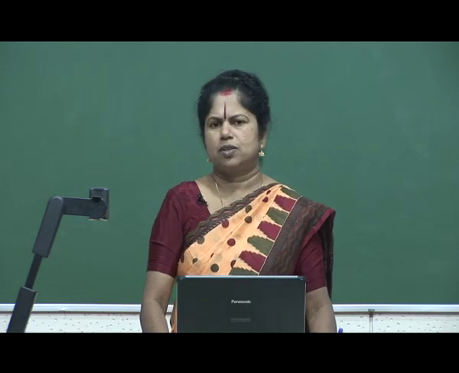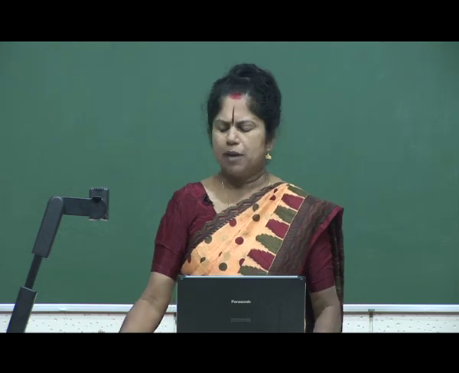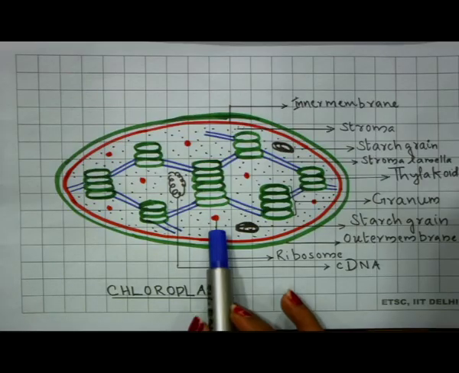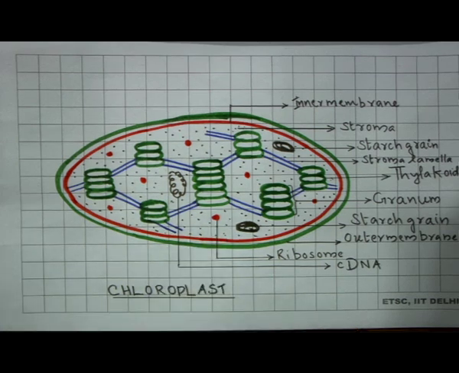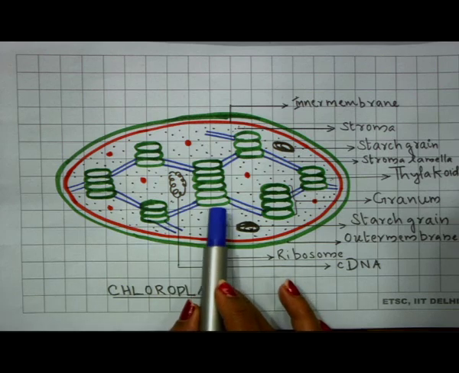So, here the stroma helps in dark reaction and the granum helps in light reaction.